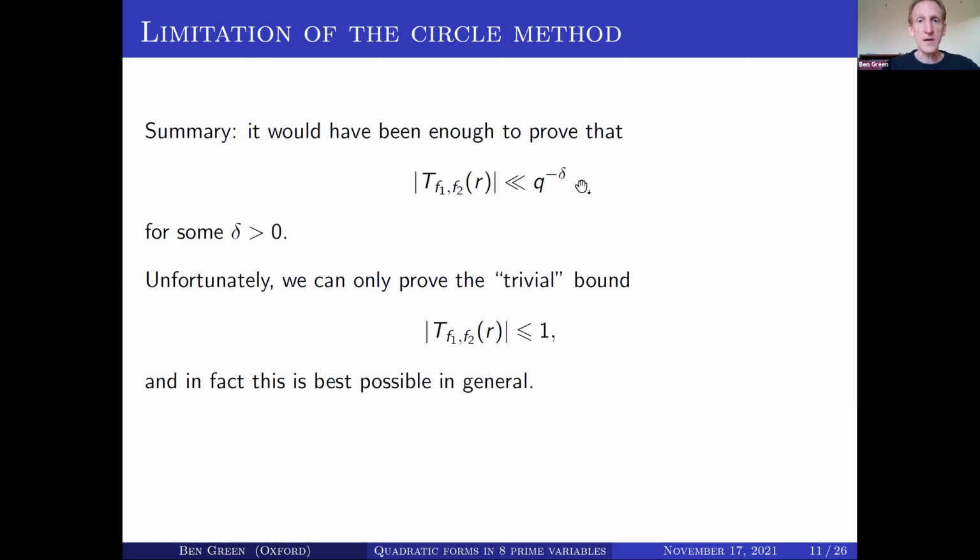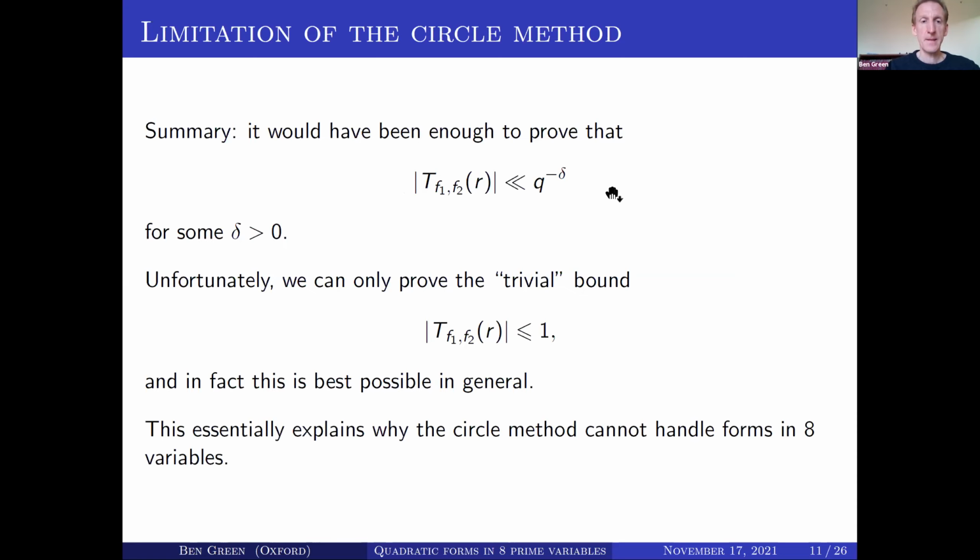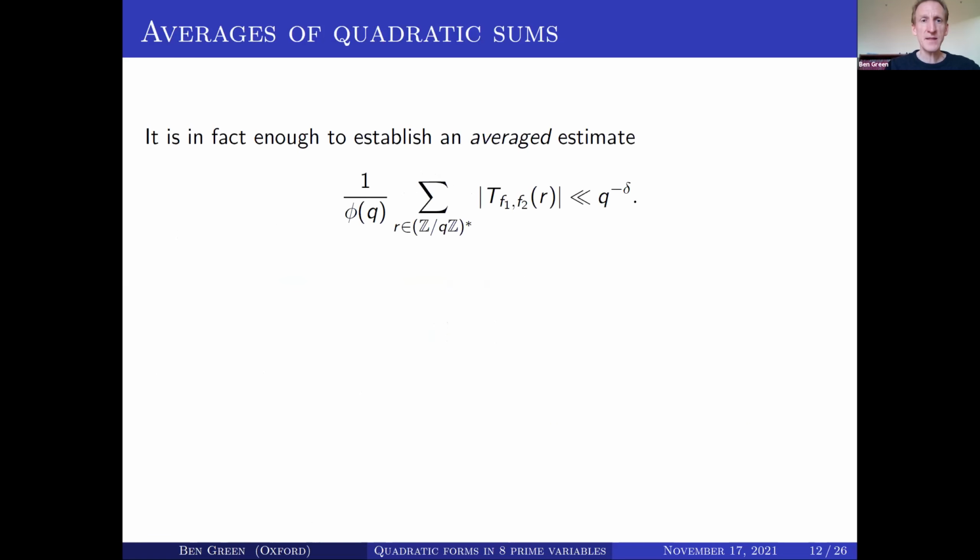Well, the first thing to do is to go back to the analysis that I didn't show you, because it was quite long and fairly standard, that it would have been enough to get this slight improvement on the trivial bound. And if you go back to that analysis and are a bit more careful, it turns out that you don't need that bound pointwise for every r, but just an average version of that bound.